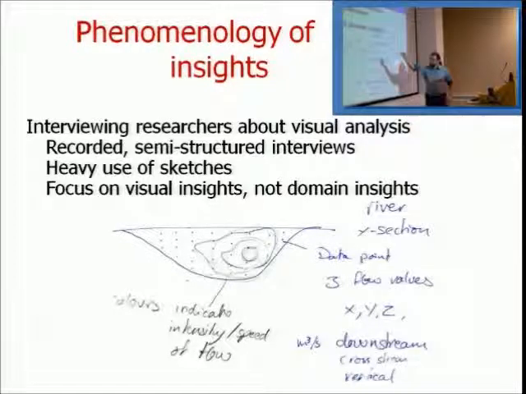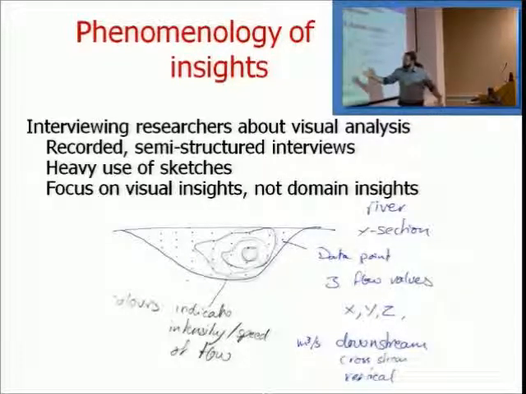Okay, that's an example of one of the sketches, and it's a riverbed. And the domain insight is that this river has a bend in this particular bit, and that there has been an error in the measurement somewhere along the way.